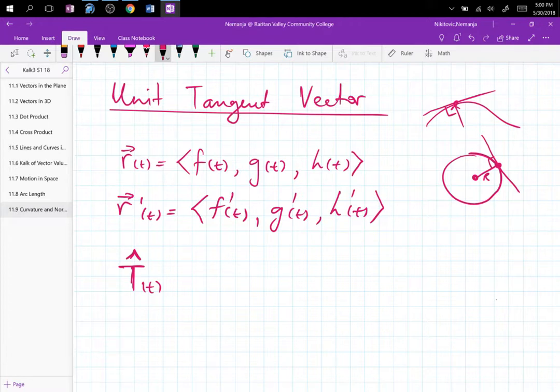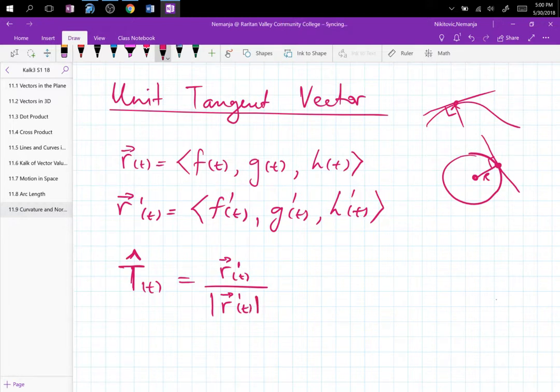You are not wrong to put the arrow, but we like to see the hat there because it signifies that it's a unit vector. Its equation must be the vector divided by its magnitude.